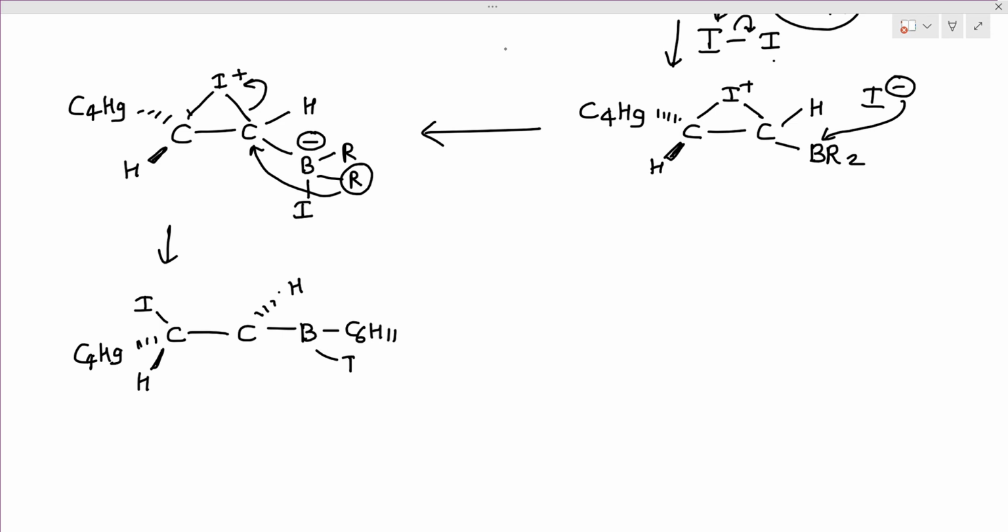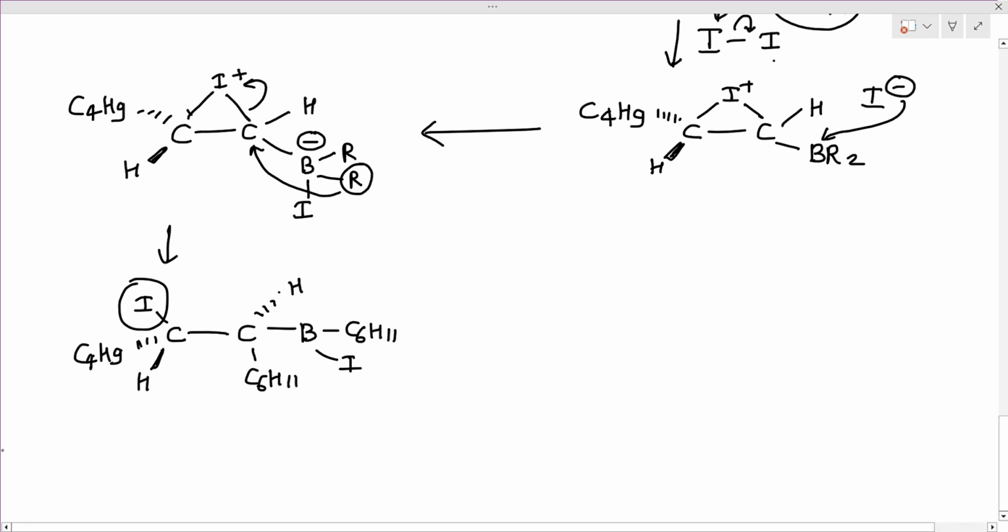And this is iodine and the next C6H11 group is here. Now what you have to do, see here. This is sterically hindered. There is steric hindrance. So what will happen? There will be anti-elimination. This I is our leaving group and this will always leave. And we want a group anti to it, and this should be boron. So what we have to do is put this boron on the anti side. We will move the bond like this. We can rotate it like this.